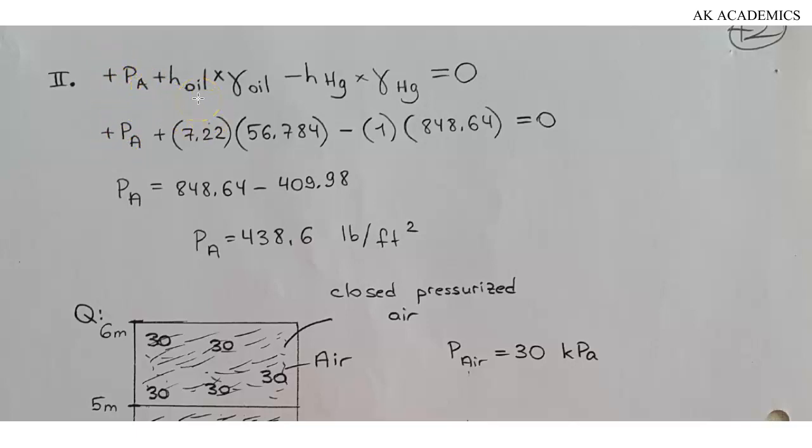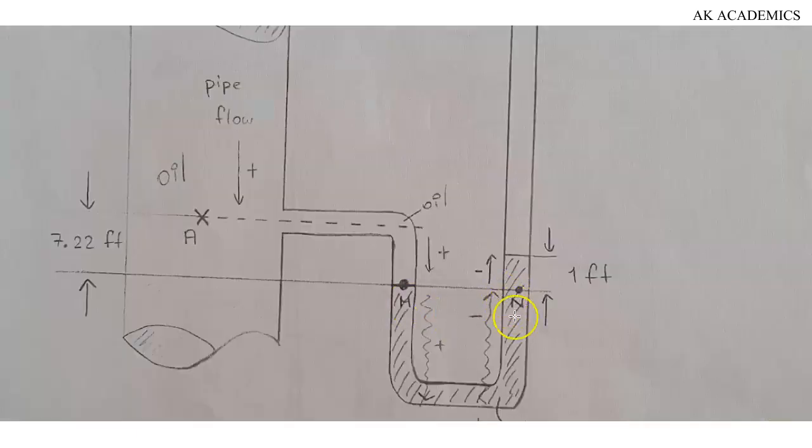Also, the oil in the manometer is flowing downward, so you're going to have plus the pressure of oil in the manometer. And you know, the pressure of oil in the manometer is equal to height multiplied by specific weight of oil. So that is why you have the plus here. Then for the mercury, if you look at the question properly, you will find out that the mercury is flowing upward. As you can see here, the mercury is flowing upward, so it's going to be a negative sign.